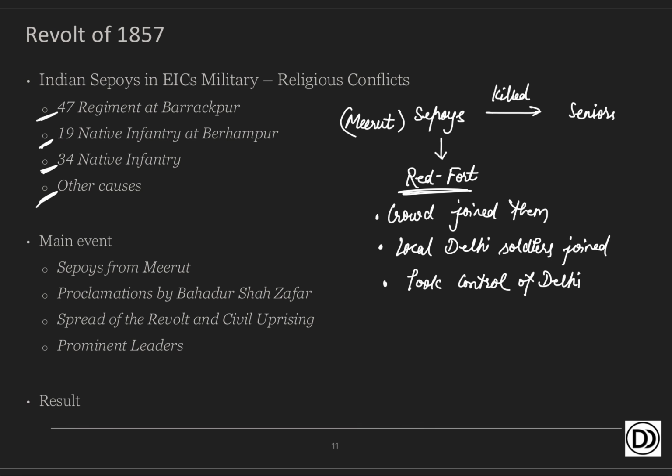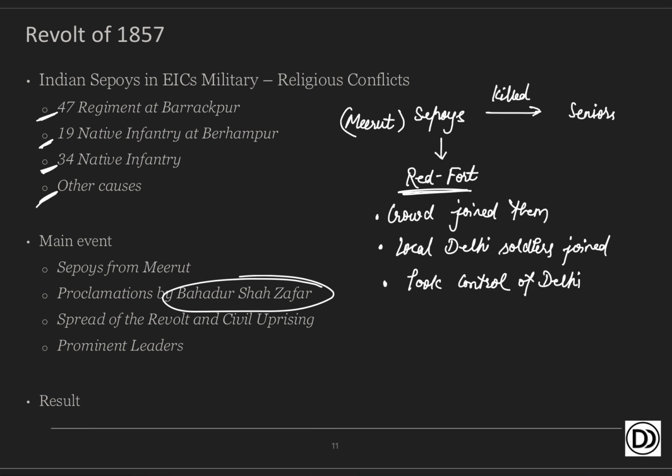Now what happened is that the Mughal emperor at this time was Bahadur Shah Zafar. As we have discussed, because of the defeat in the Battle of Buxar, all these Mughal emperors were merely puppets now. They were powerless. They did not have a force of their own.